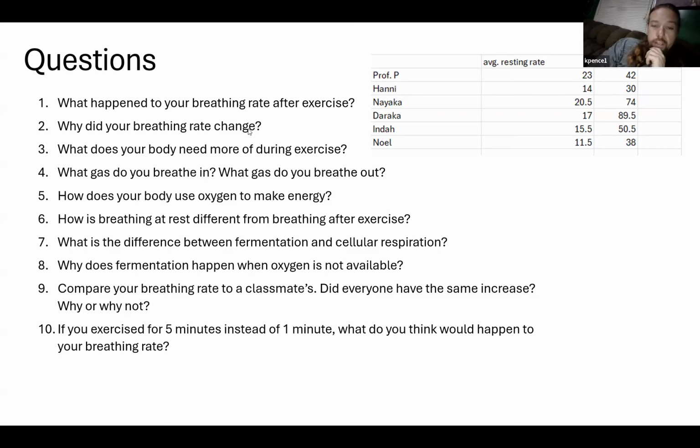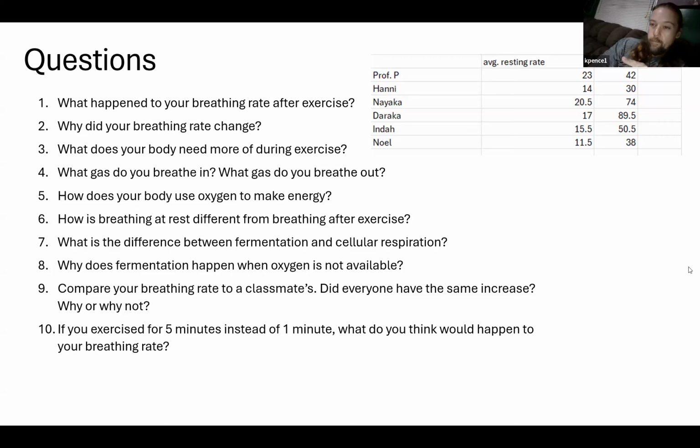So why did our breathing rate change? Or why did we have an increase in our breathing rate? Going back to what are we breathing in? Okay, you're correct, we had our body work out.